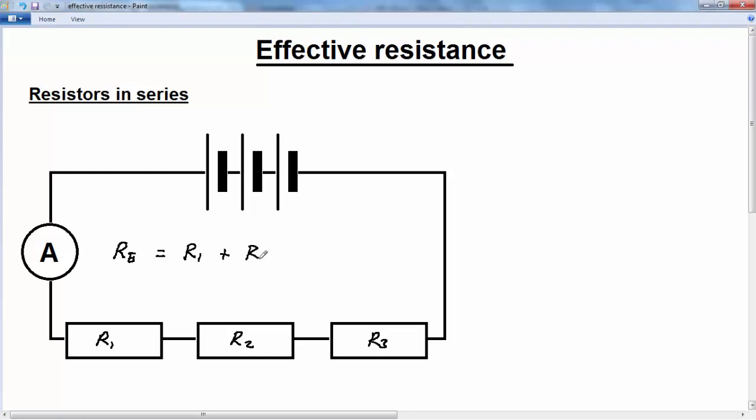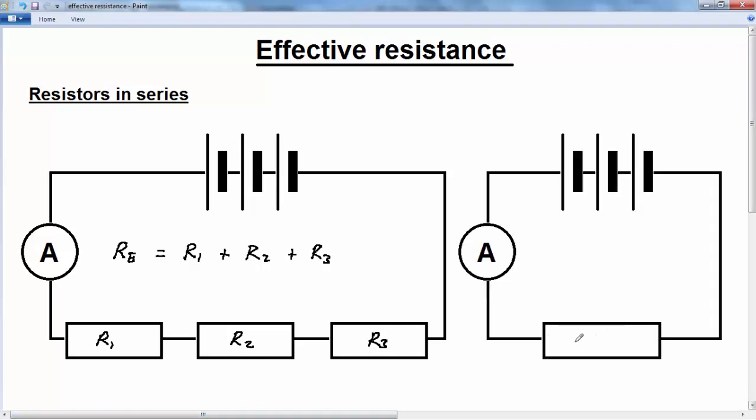This could go on and on. In this case we've just got three, so it's R1 plus R2 plus R3. So what we've done is replace this circuit with one where we have a single equivalent resistance, RE.